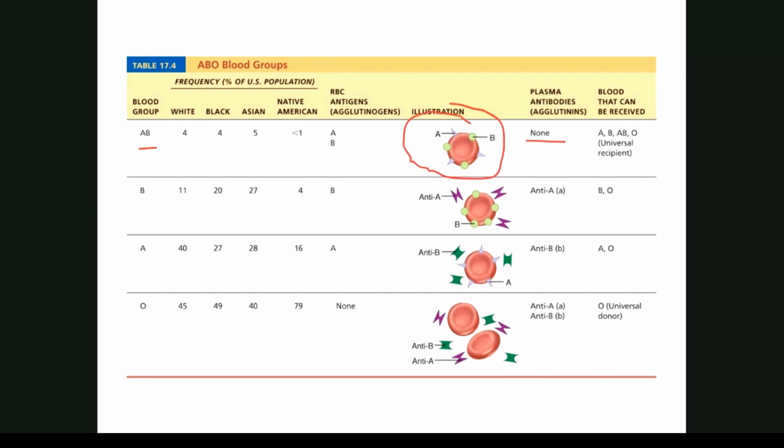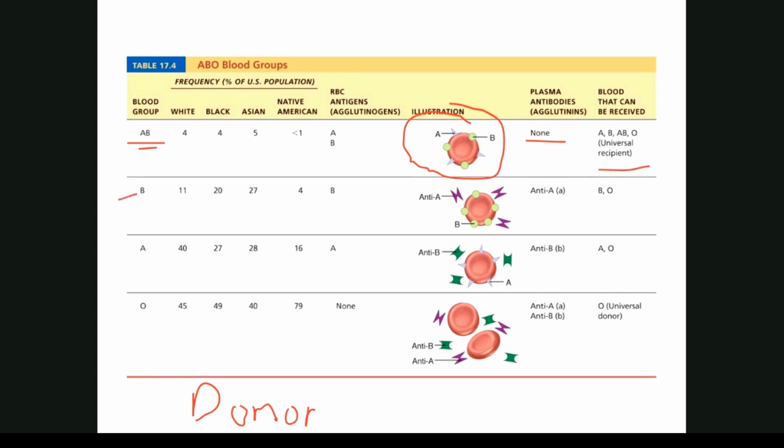Now, the name of the game in blood transfusion, you worry about the donor blood being destroyed. You don't want to destroy the donor cells. Now, your own cells are not going to be destroyed because you have enough plasma to kind of water out their antibodies. So, type AB blood is considered the universal recipient. They're not going to die no matter what kind of blood you give them.